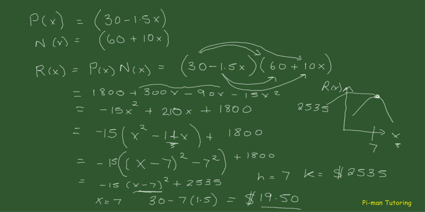And at that point, their revenue will be $2535. And how many people will attend? Well, going back to this function at the top of the page, the price is now down to $19.50, and the number of people attending when x is 7 will be 60 plus 70, which is 130.